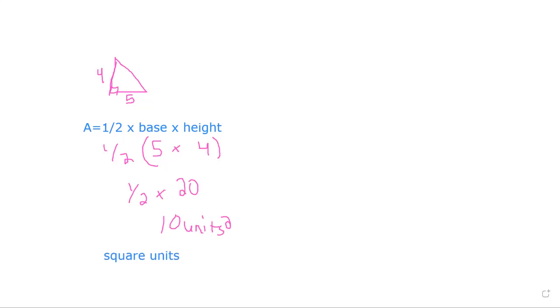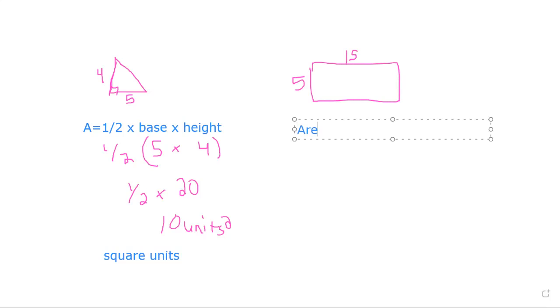But there are more shapes. I have a rectangle. And let's say this is 15 and this is 5. The area for a rectangle, A equals base times height.